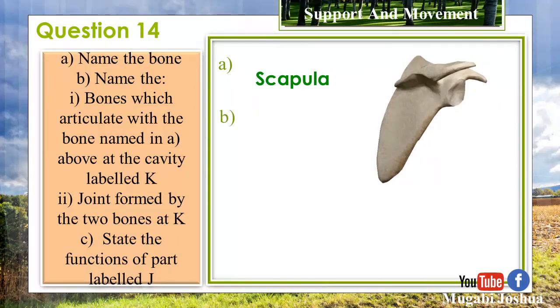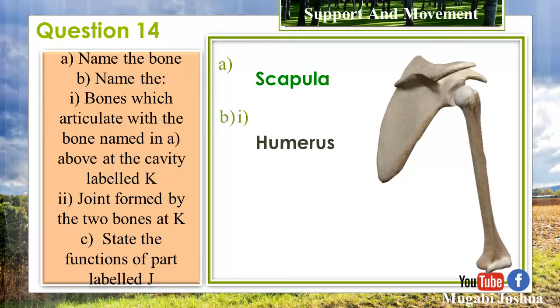Now when we go to part B, Part 1 requires us to name the bone which articulates with the bone named in A above, the scapula, at the cavity labeled K. That bone is the humerus.